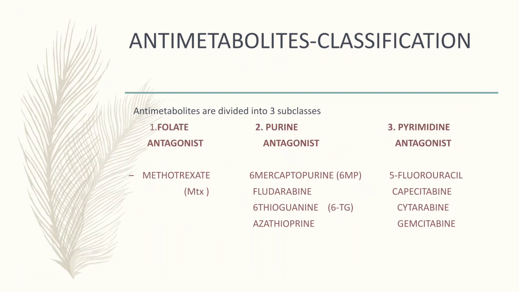The drug methotrexate comes under folate antagonist. 6-mercaptopurine, 6-MP, fludarabine, 6-thioguanine, 6-TG, and azathioprine come under purine antagonist. And then 5-fluorouracil, capecitabine, cytarabine, gemcitabine. Here you can see the ending 'bine' at the end of the drug names. These are pyrimidine antagonists.